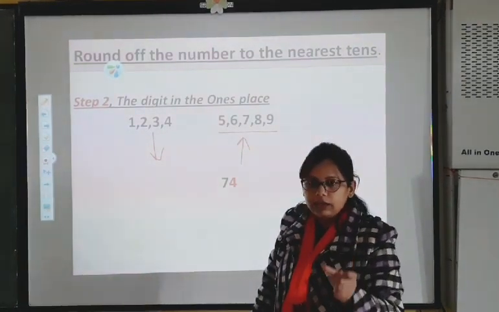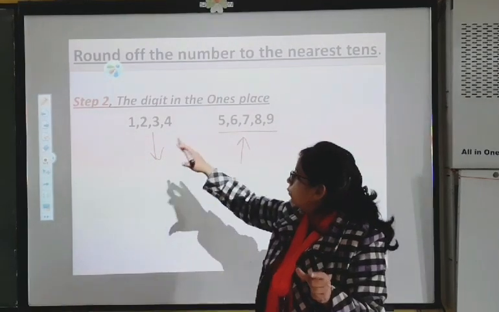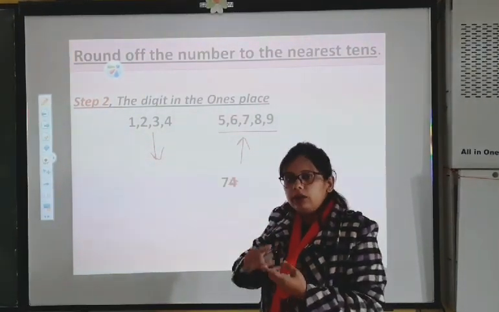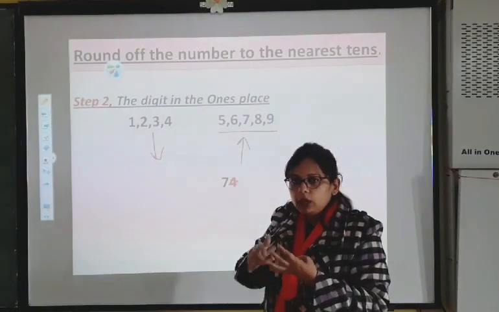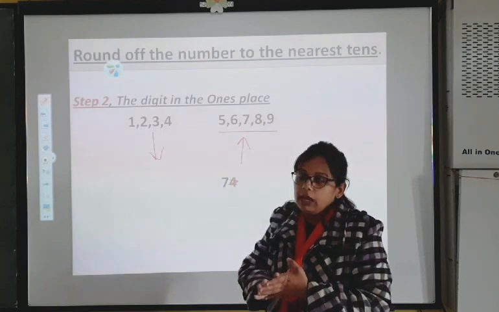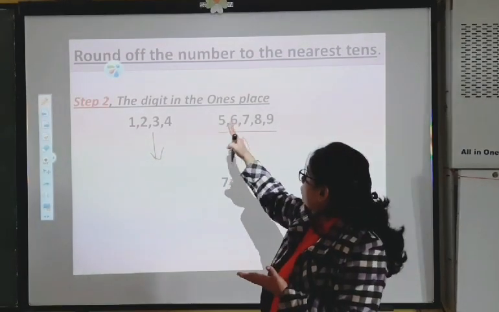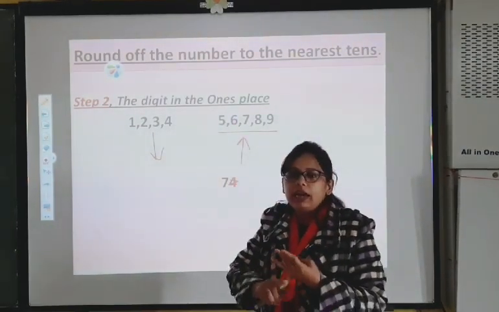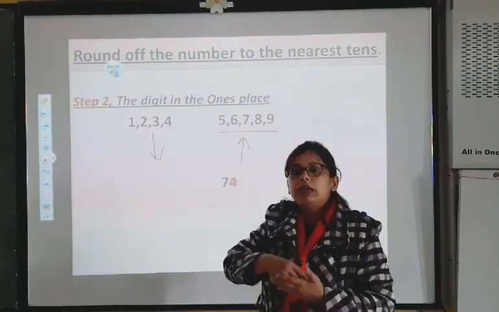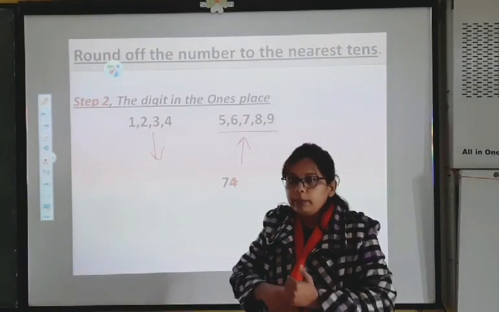Means if the digit on the ones place is 1, 2, 3 and 4, then आपको number को कम करना है, नीचे करना है, decrease करना है. If the digit on the ones place is 5, 6, 7, 8 or 9, then you have to round up. Means आपको numbers को increase करना है, बढ़ाना है, कम नहीं करना है.